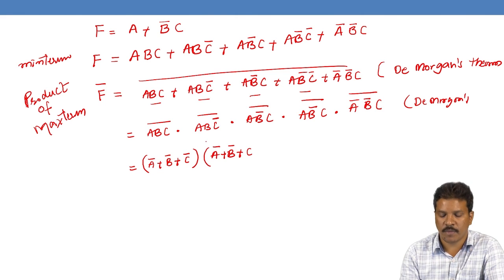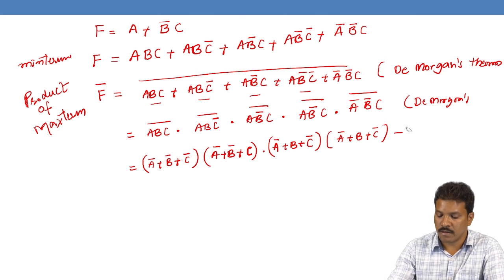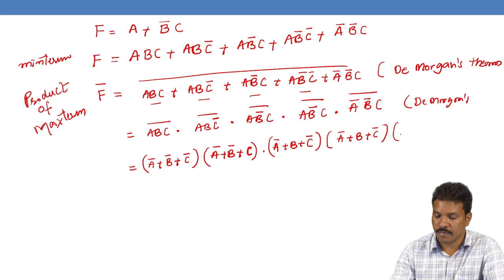In the process of expanding this product using De Morgan's, C double bar means uncomplemented term, into A bar plus B double bar means B, into C bar, A bar plus B plus C bar, into the last term A double bar means A plus B double bar means B, C bar.